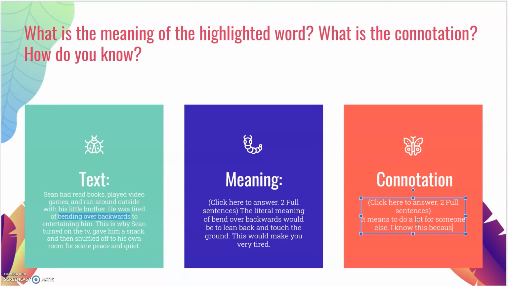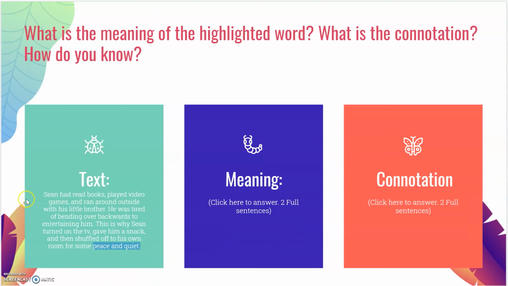I know this because Sean did so much for his little brother that it made him tired, right? And that's sort of like what it says. So we're trying to get at like the meaning of what it said, the intent or the implication. What do we infer from this, right? And that's what connotation is.